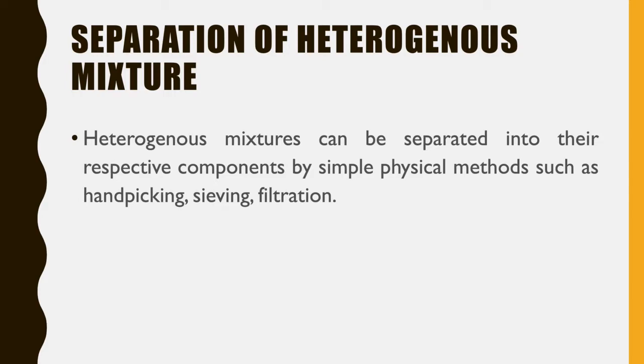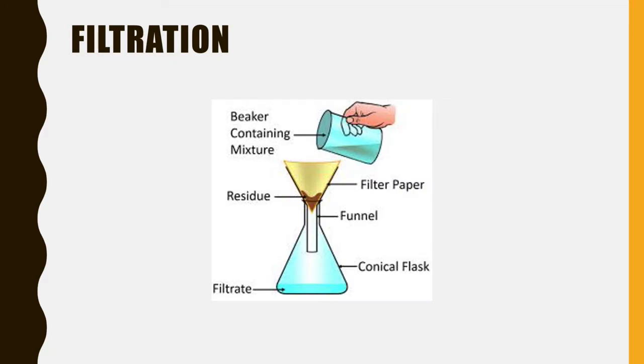You can take sand water and simply by the process of filtration you can separate the water and the sand. You have to take one conical flask, put one funnel there, and keep one filter paper in it. When you pour the sand water into this filter paper, what will happen?